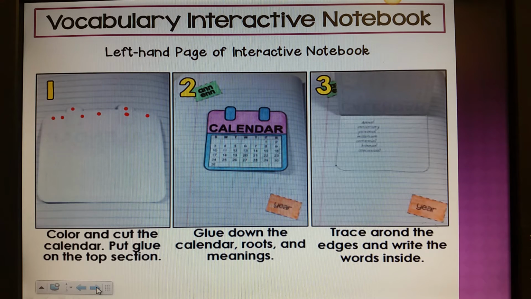Please glue down the calendar and the roots, so you can see the roots up at the top and the meaning down at the bottom. You will trace around the calendar and then you will write the words on the inside, words that would use these roots. The words are found on the next slide.